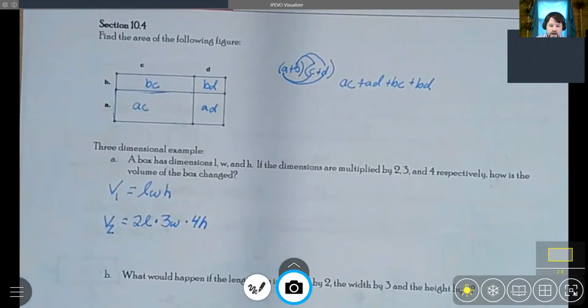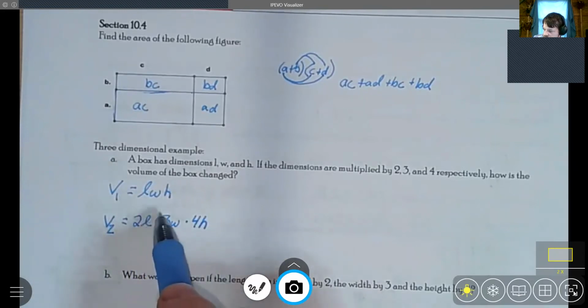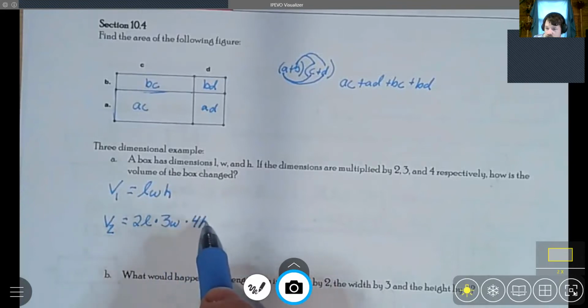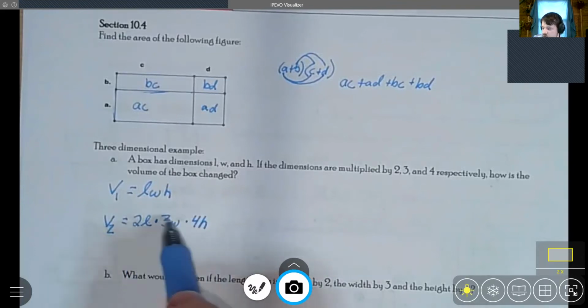Now, if you remember back in your pre-algebra days, there's this property of multiplication called the commutative property, which means we can move, because it's all multiplication, 2 times L times 3 times W times 4 times H. And the order in multiplication doesn't matter, right? 2 times 3 is the same as 3 times 2.